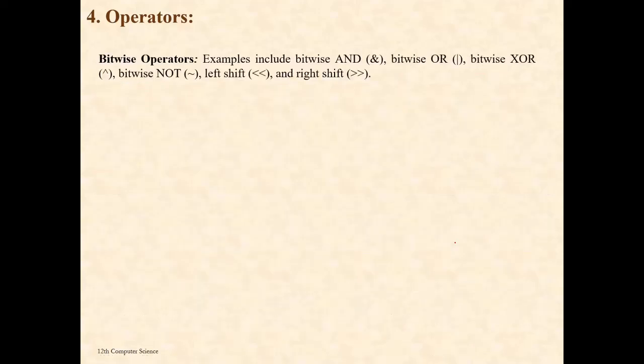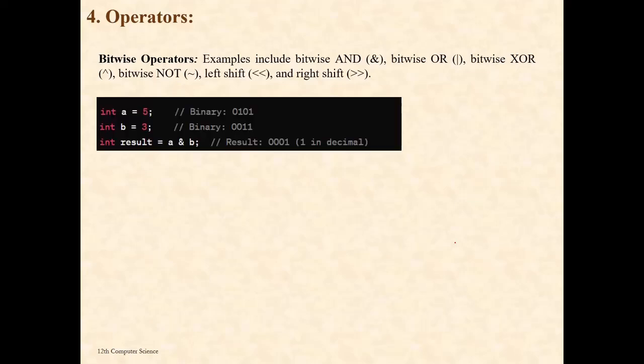Got it, students? Now bitwise operators. Examples include bitwise ANDing, bitwise OR, bitwise XOR, bitwise NOT, and left shift and right shift. Now here integer a is equal to 5. The binary equivalent of a is equal to 5 is 0101, and the binary equivalent of b is equal to 3 is 0011.